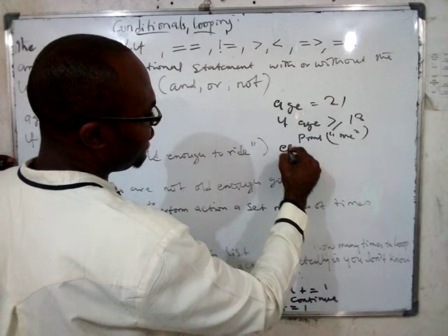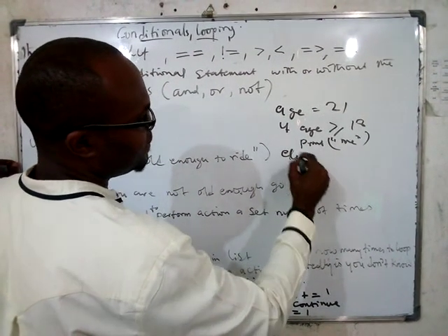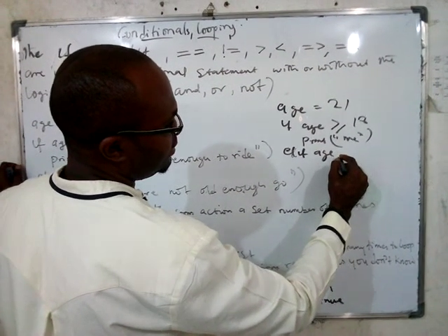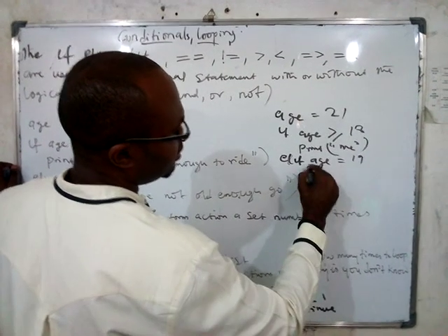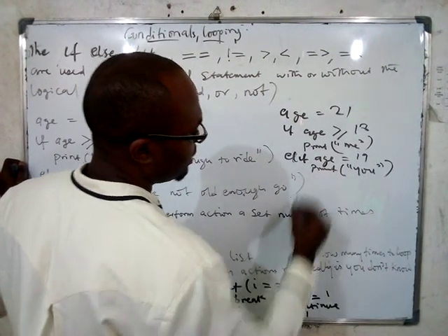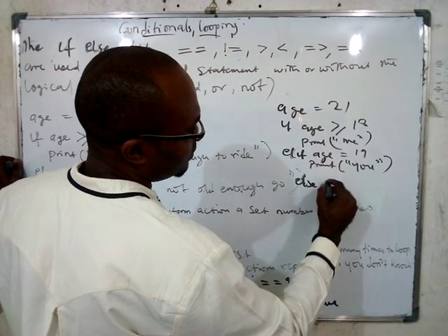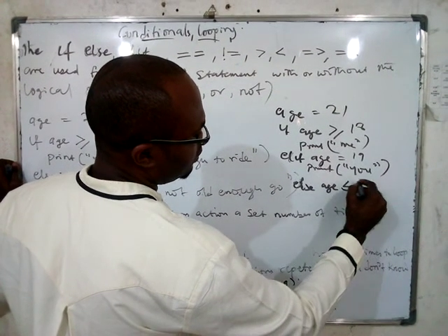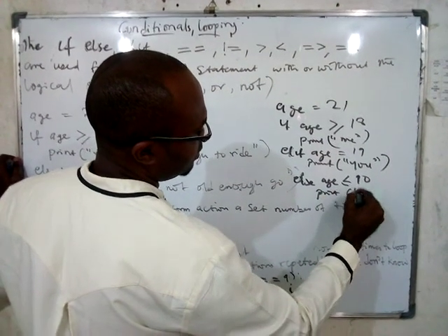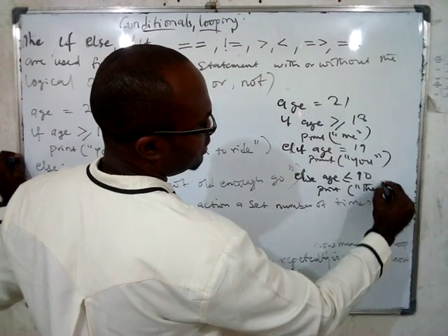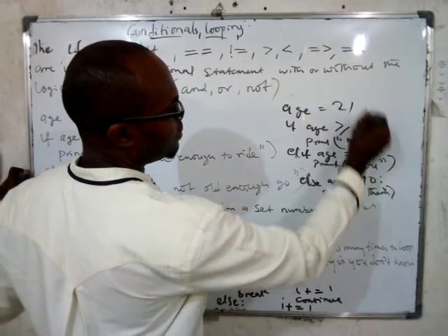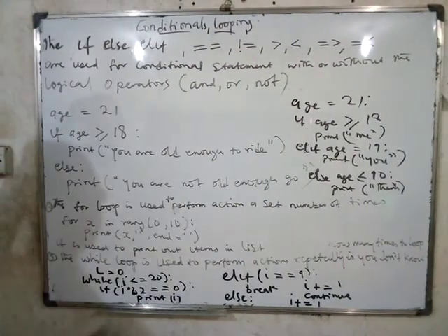You can say elif age is equal to 19, print you, else age less than or equal to 2, then print then. Anytime you finish writing the statement, you must put this colon. You understand? So this is the elif statement.